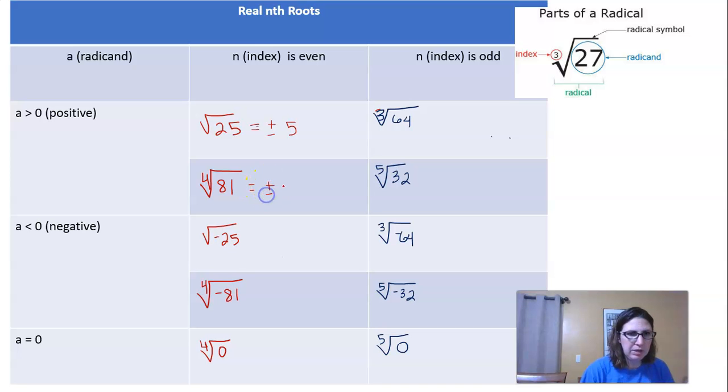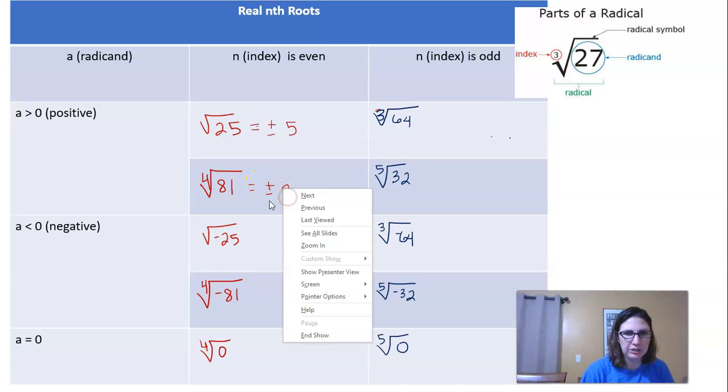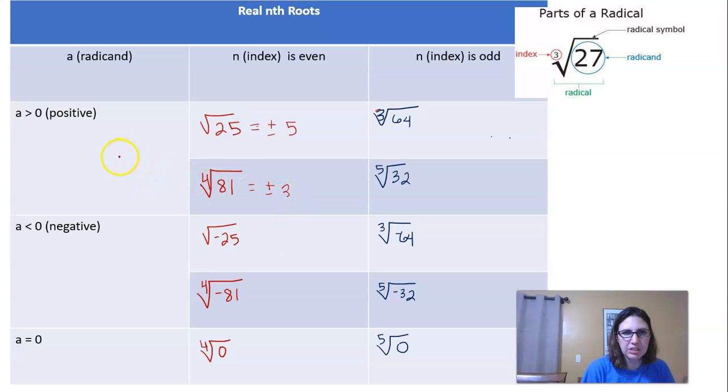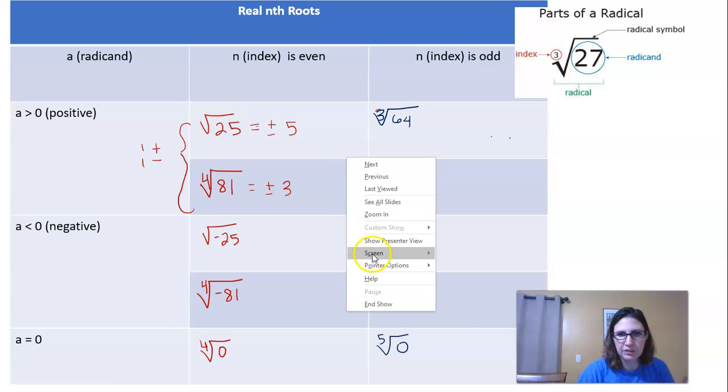So this could be positive or negative 3 right here. So in these particular situations over here, you can have a positive and a negative solution, one of each, right? One positive and one negative solution over here. Let's go ahead and try these blue ones over here on the right side.